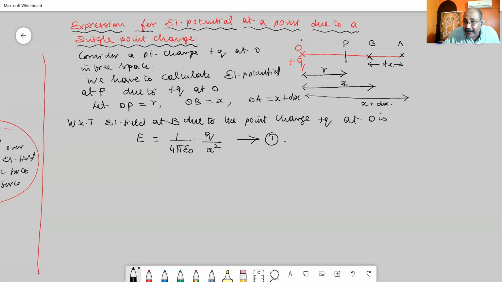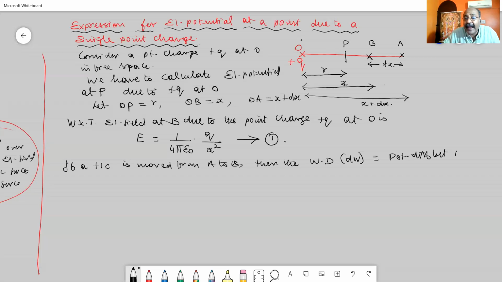If I move a unit positive charge from A to B, I get the difference in potential between the point A and the point B. So if a unit positive charge, that is plus 1 coulomb of charge, is moved from A to B, then the work done dW is equal to the potential difference between A and B, which is equal to dV.